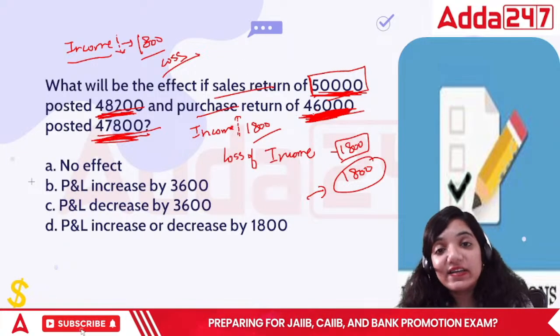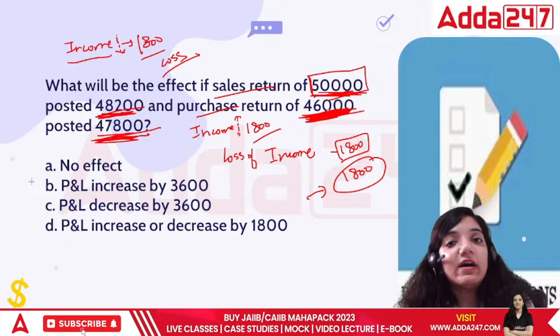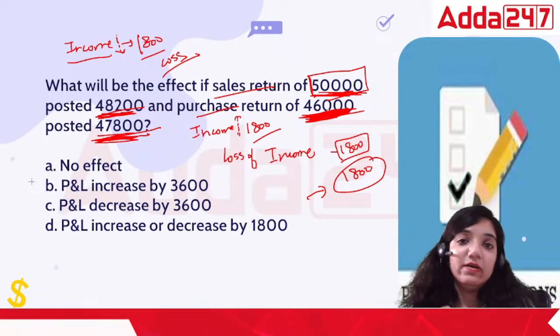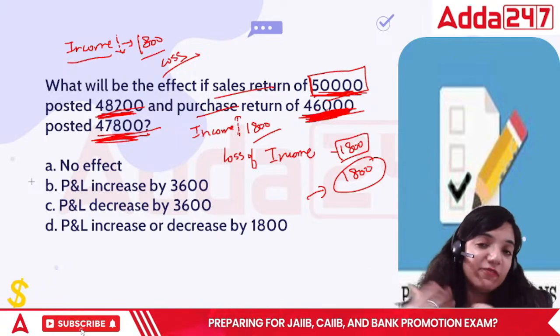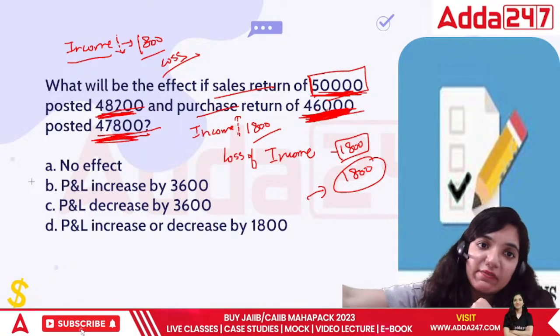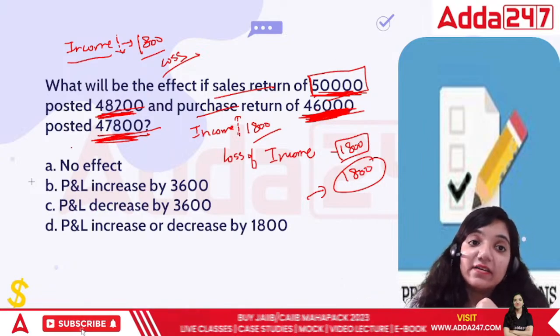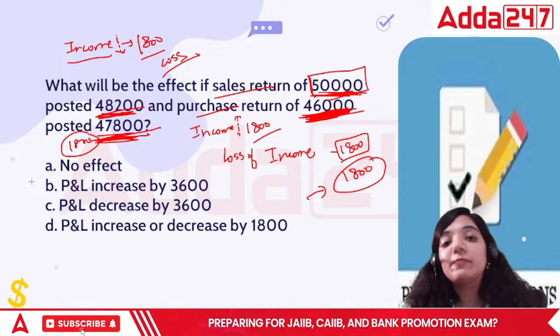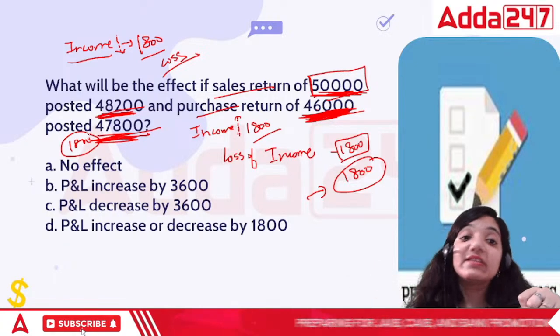the purchase return of 46,000 is noted as I was giving back goods to the person, and I wanted 46,000 rupees in my hands. But I am thinking I will get 47,800. That means 1,800 is wrong here as well. So overall, the impact went up to 3,600 in total.